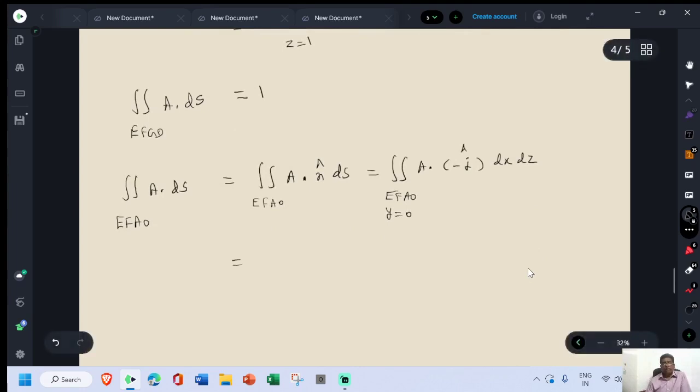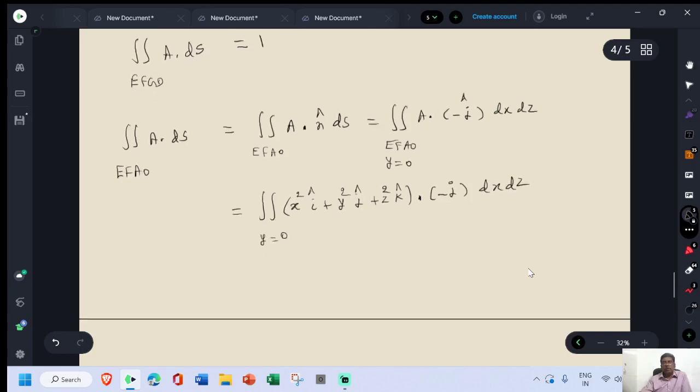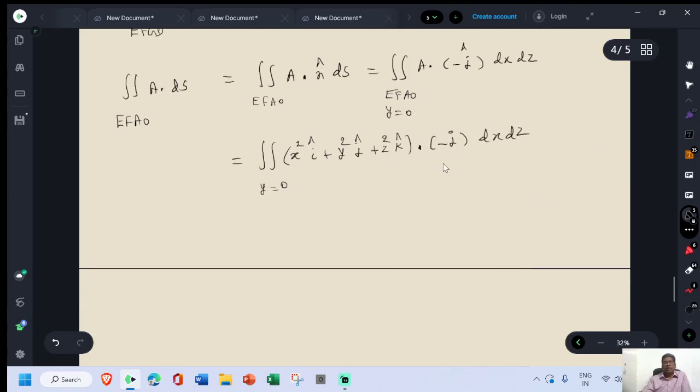Then this is equal to the double integral of x square i plus y square j plus z square k dot minus j into dx dz. Here y equals 0. j dot j is 1, so we get y square dx dz.